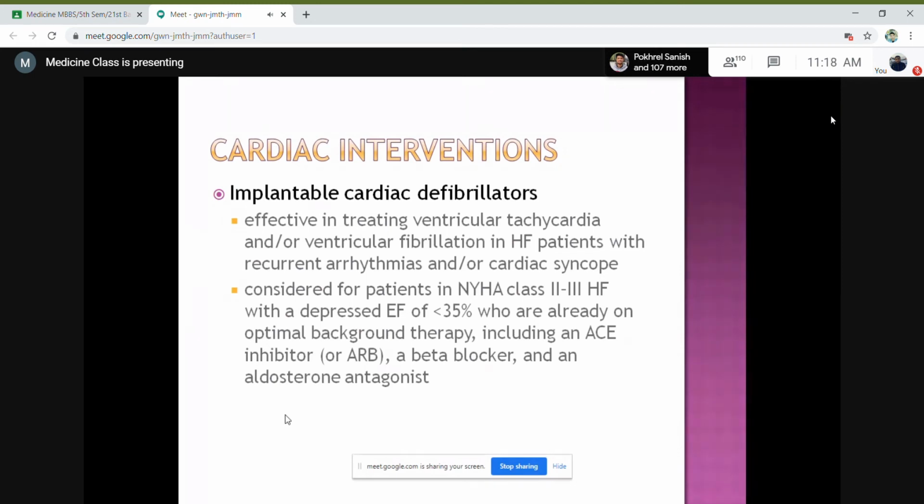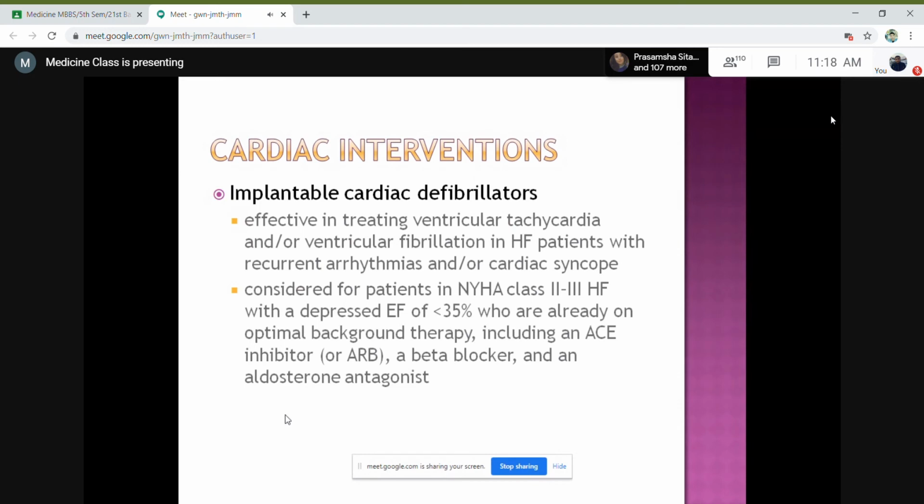Okay, so with the standard drug therapy and the addition of other medicines also, if the patient still persists to have symptoms, there is indication of cardiac intervention. The first thing that can be done is insertion of implantable cardiac defibrillators.